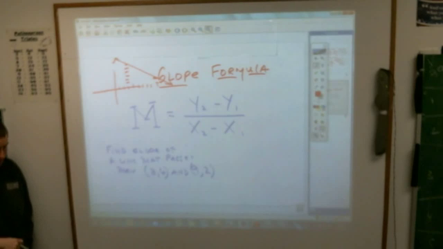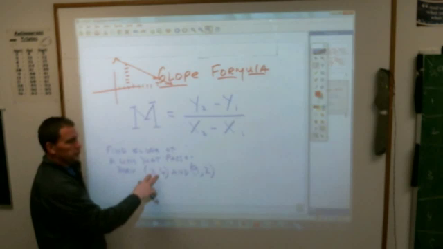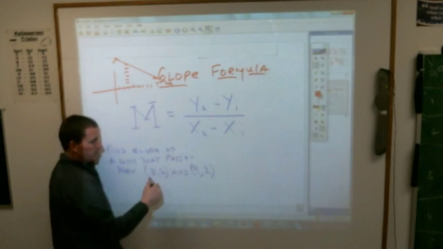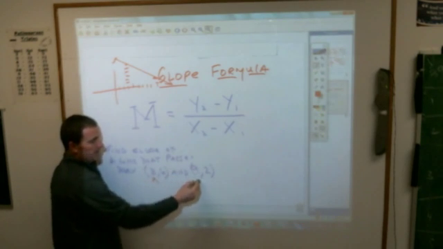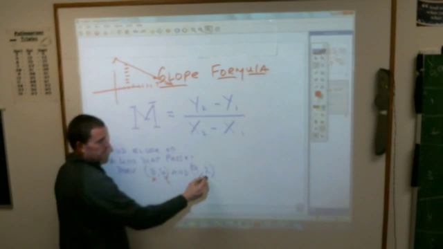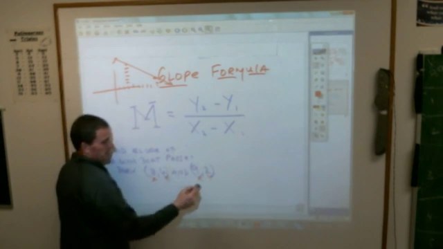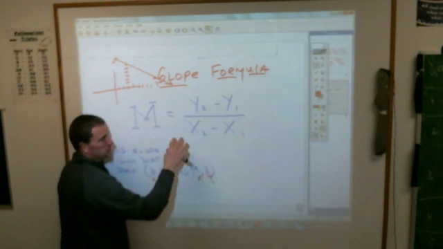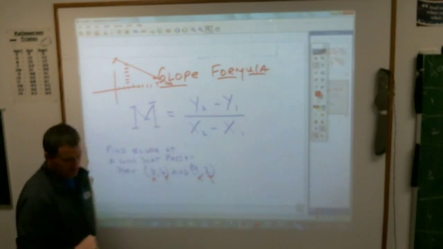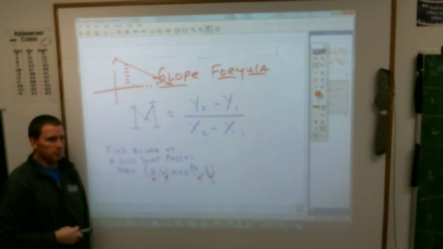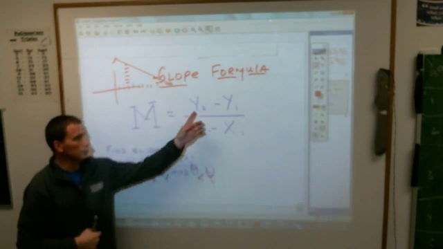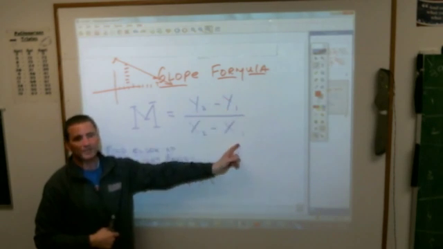Okay? Now you know when you're given 2 points, the first number is the x value, and the second number is the y value. Your first job when you use this formula is you need to pick which point you want to be the sub 2's and which point you want to be the sub 1's.